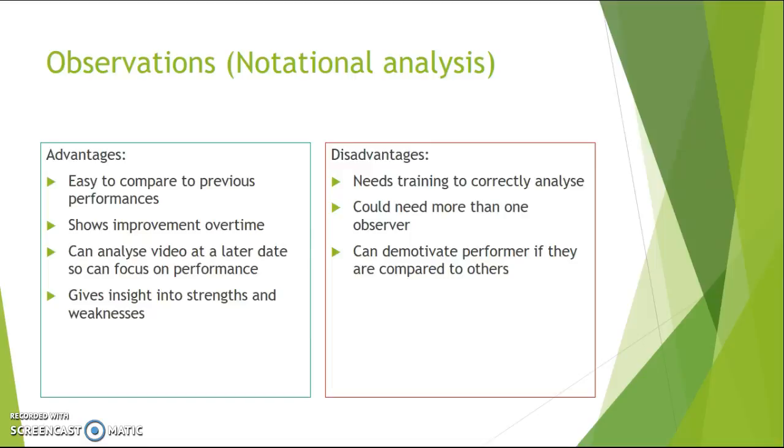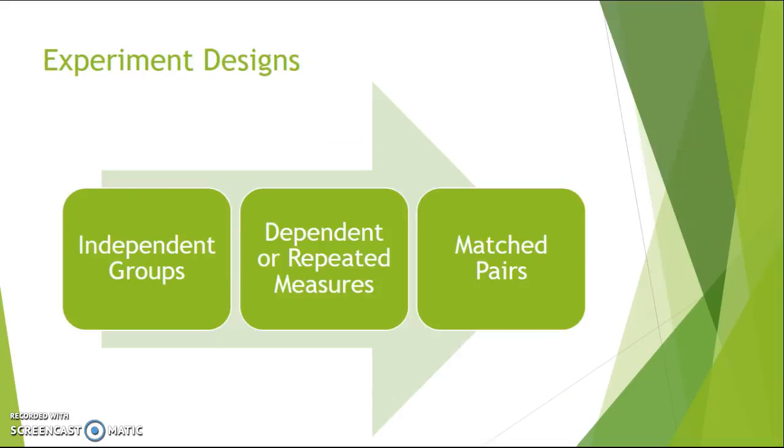And if you're doing it with a team rather than an individual, and if you're analysing lots of different things, you're going to need more than one observer. And comparing as well can demotivate performers if they're going to be compared and disadvantaged in that way.